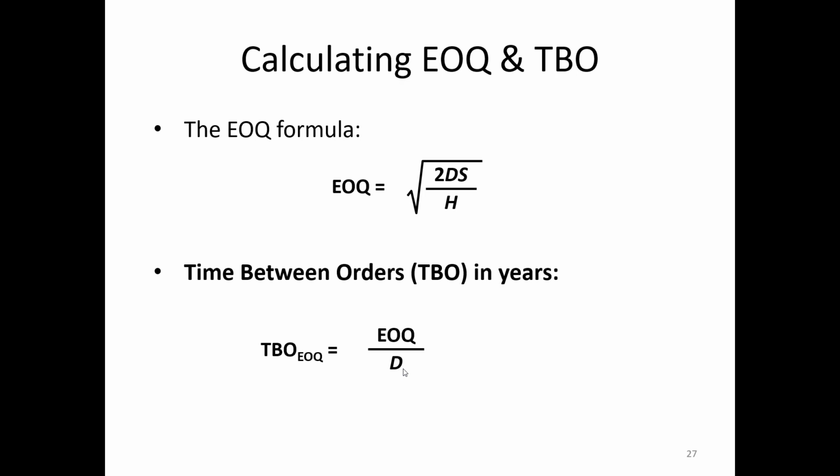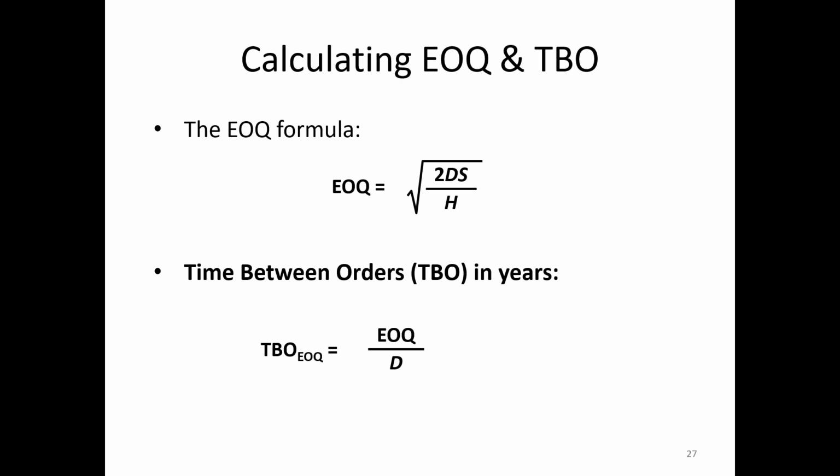Now, because everything was in annual numbers, and demand is annual, that's a time between orders in years. That's important to realize. We have to convert it if we want the time between orders in days or weeks or months. We've got to be able to do the conversions.